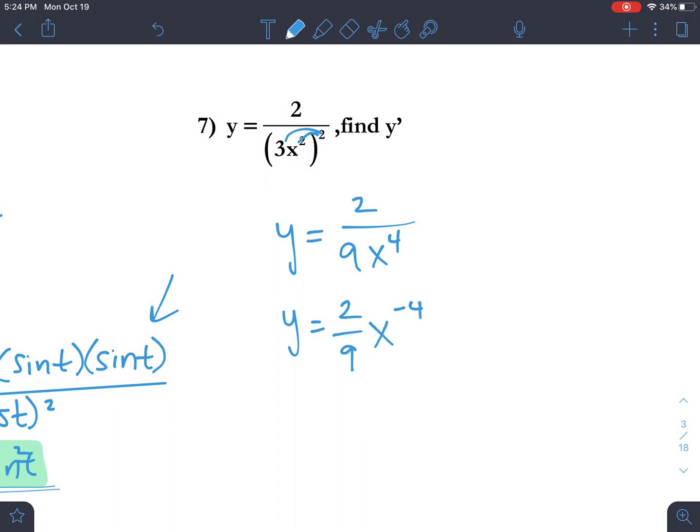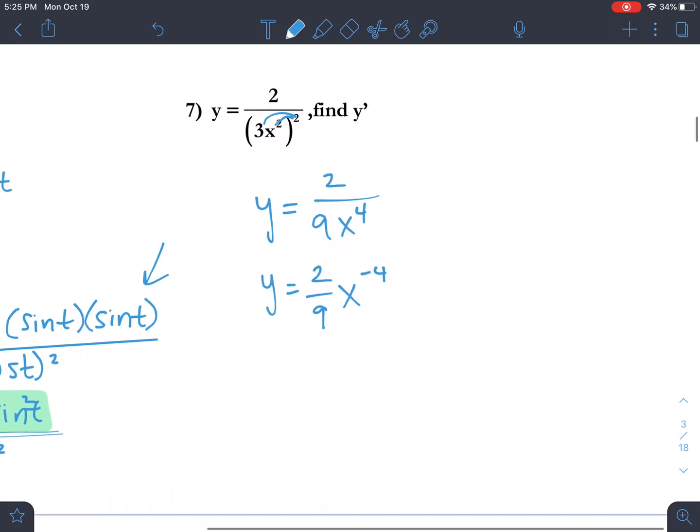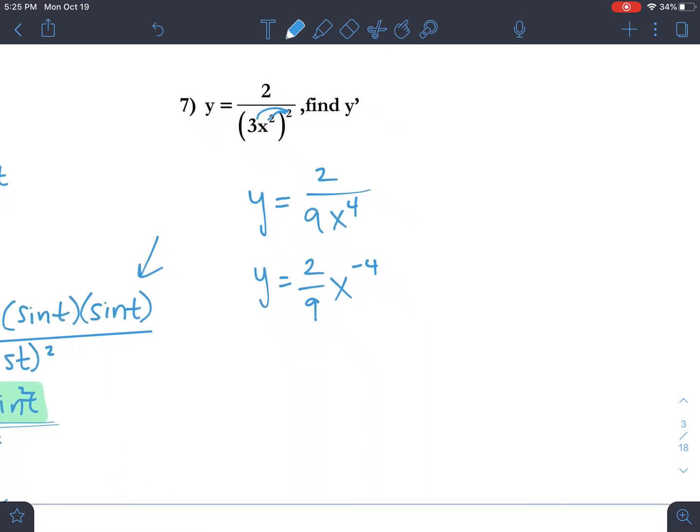This is not a situation where we're going to need quotient rule. And again, one of the functions being just a constant, that kind of gives that away for us. So find y prime, bring down the power. That would be negative 8/9 x to the, subtract 1, negative 5th.